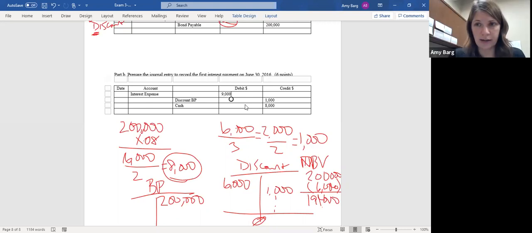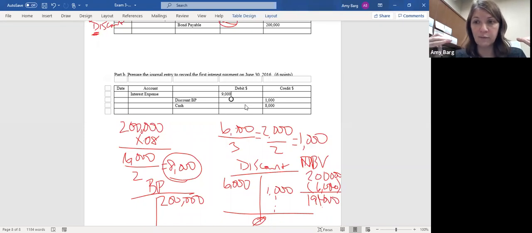Yep, so it's straight line. It's just like how straight line depreciation is the same amount of depreciation every single year. We took that amount and divided by the number of years, so every year it was hitting a set amount. It's the same thing for this. It was a $6,000 discount. There are 3 years, $2,000 a year. It's a semi-annual thing, so divide that by 2, you get 1,000.